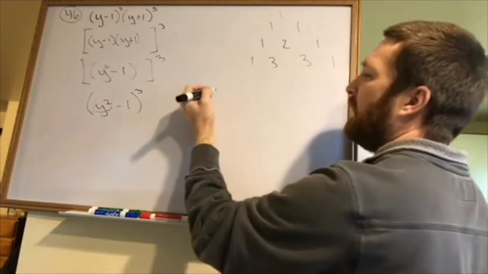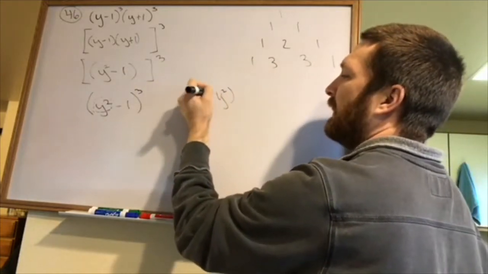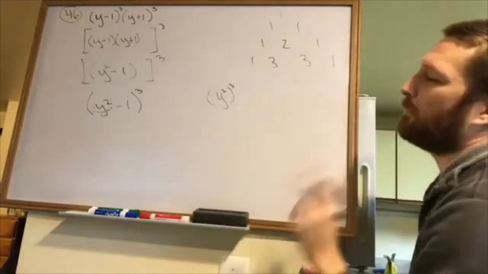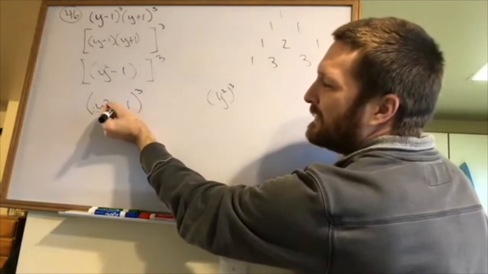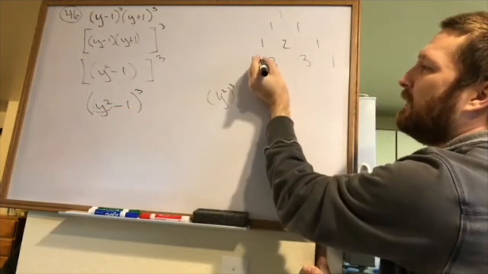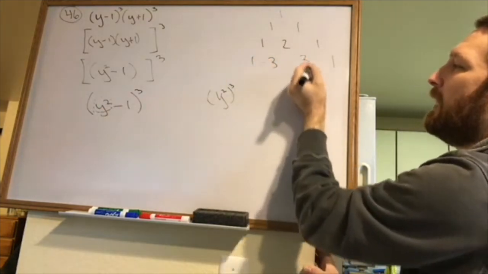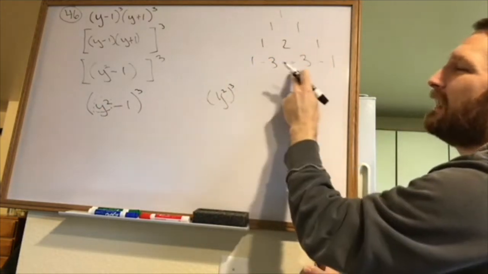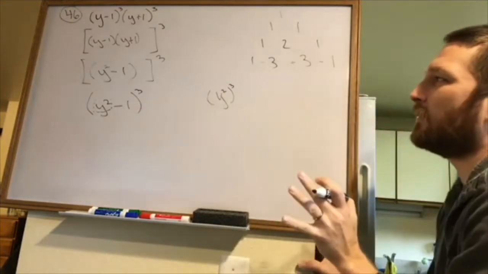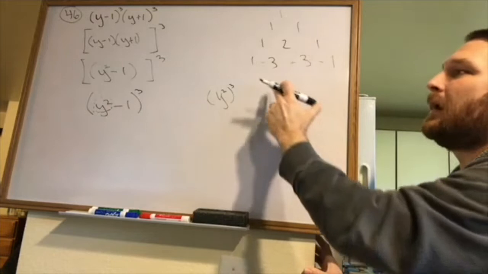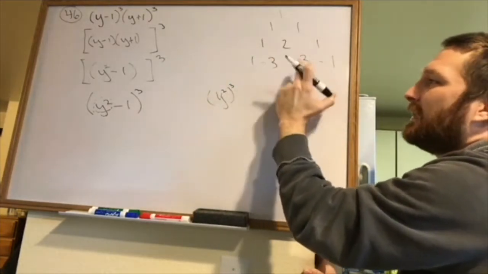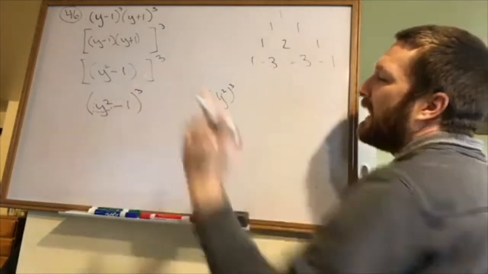So I can just think about it like this, y squared cubed. But here's the problem, with that minus sign right there, that's going to change the signs. It's going to make this one a negative, that one positive, this one a negative. Like we talked about last time. If this isn't familiar, just look at the end of our video from last time, where we explained why it gives you that alternating negative, positive when there's a negative right here.